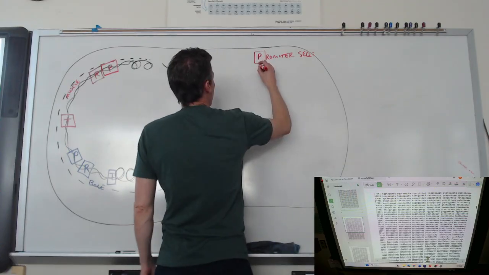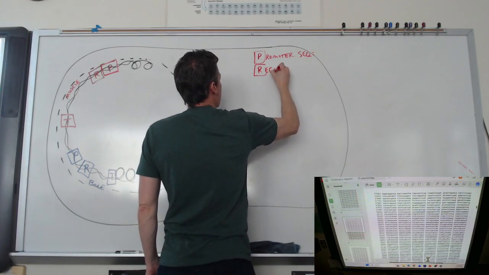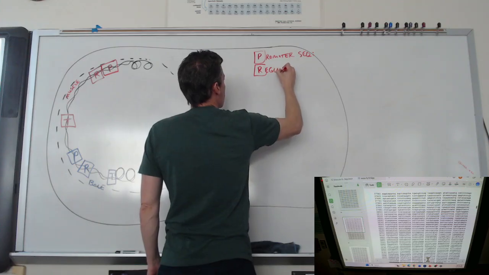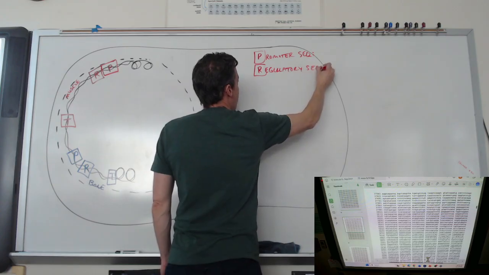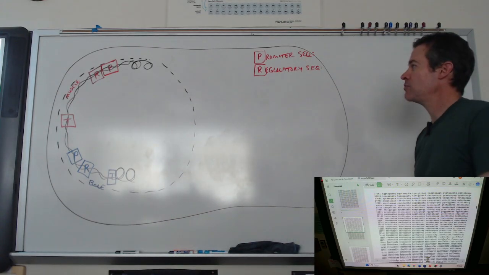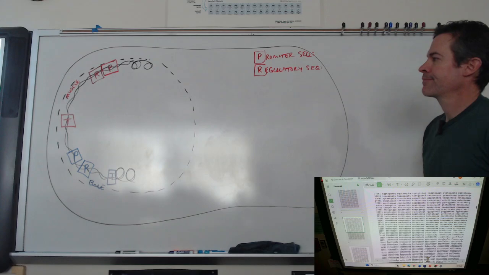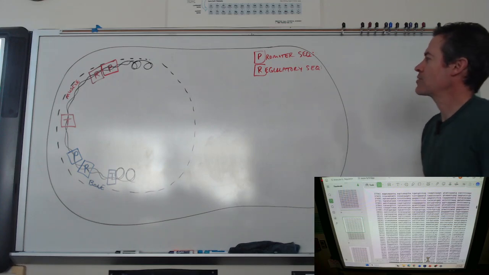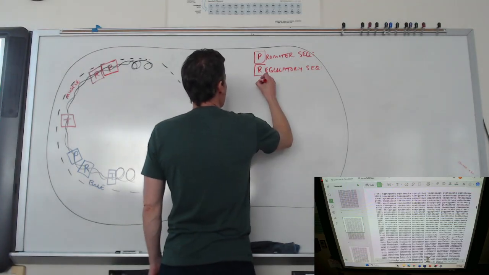R is a regulatory sequence. Again, it's still just a sequence of A's and T's and G's and C's, but its job is to regulate. So a promoter sequence, a regulatory sequence, and then the last one, the T, is a termination sequence.